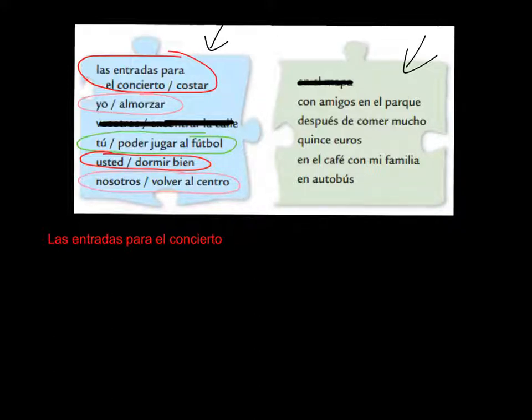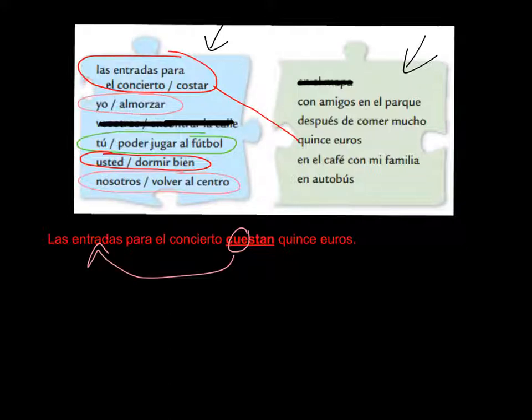We need to conjugate the verb costar for las entradas para el concierto, and that would say, cuestan, because you have to conjugate costar, you have to do the stem change, and you have to base it on the subject of the sentence, which is las entradas, the tickets. Then you just simply find the remainder of the sentence, which would be 15 euros.